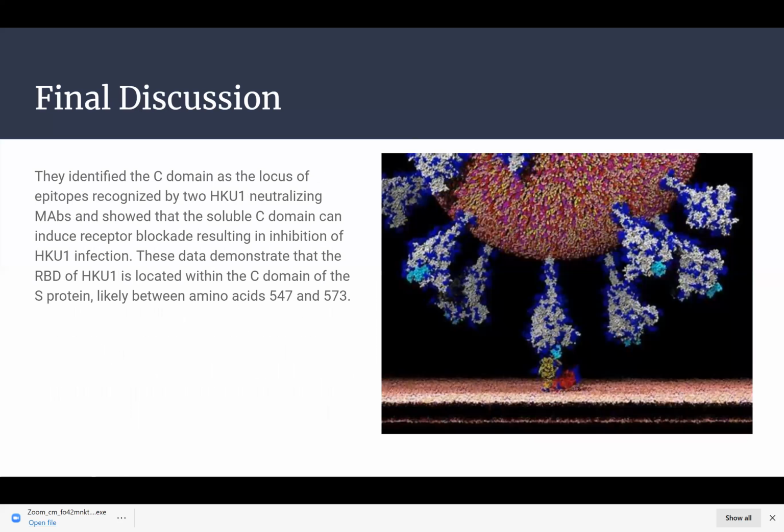Finally in the discussion, they identified the C domain as the locus of the epitopes recognized by two HKU1 neutralizing antibodies, and showed that the soluble C domain can induce receptor blockade, resulting in inhibition of the HKU1 infection. These data demonstrate that the RBD of the HKU1 is located within the C domain of the S protein, likely between amino acids 547 and 573.